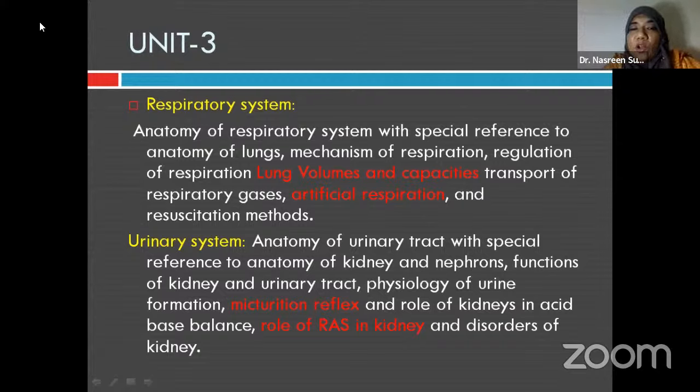And there will be a role of RAS in kidney. Okay, renin angiotensin aldosterone system. It should be RAAS. Sorry by mistake. And disorders of kidney. Disorders, as I told you, for every system you should have at least 4 to 5 names of disorders. Okay, next.